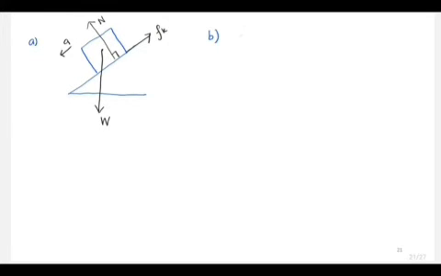To calculate weight, we use the formula of weight, W equal to mass times gravitational acceleration. The mass of the block is given as 7.5 kg and gravitational acceleration is 9.81 meters per second squared. Therefore, the weight of the block is 73.6 Newton.